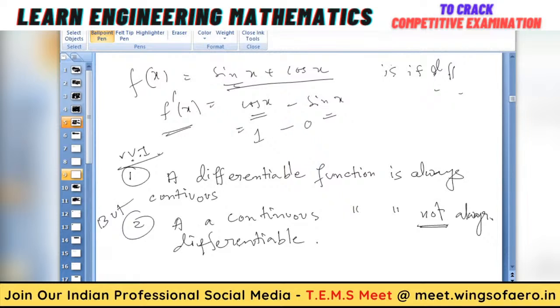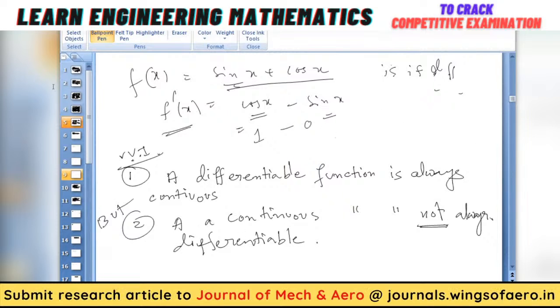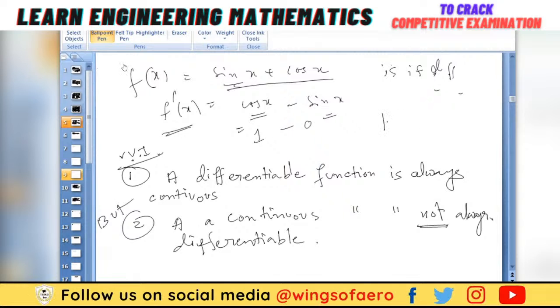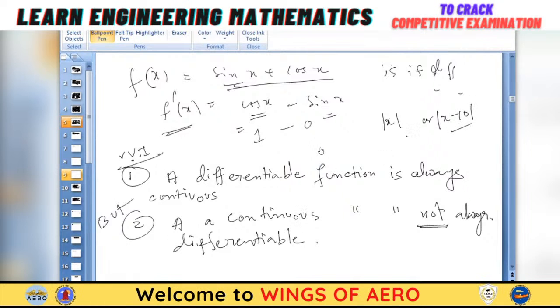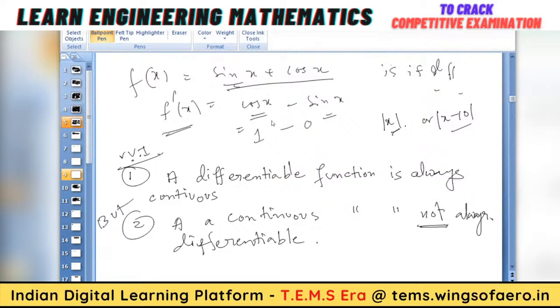And what is the example? You did the example last day and today also: the mod function, mod x or mod of x minus 10 or 100 or whatever. This function is continuous, but it is not always differentiable.